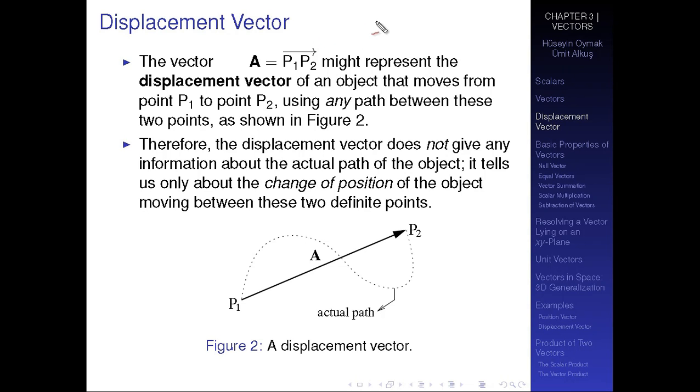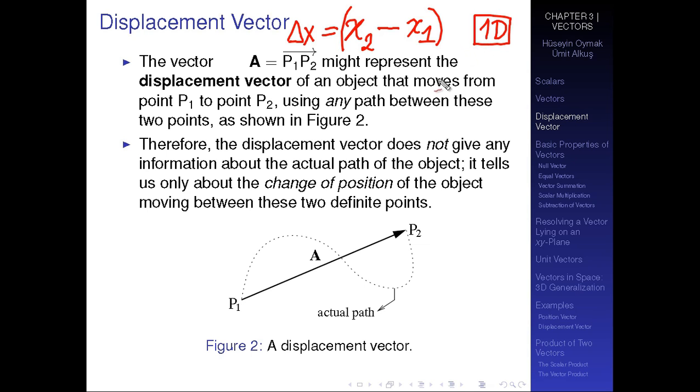Now, remember the discussion in chapter 2. If the initial position of an object is x1 and the final position is x2, then the change in the position, that is delta x, x2 minus x1, is called the displacement in one dimension.